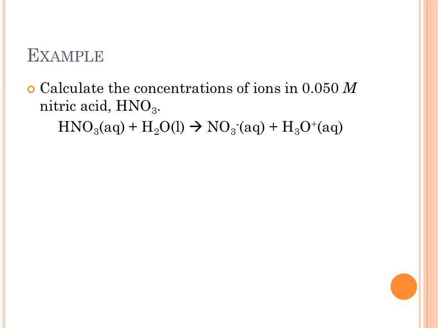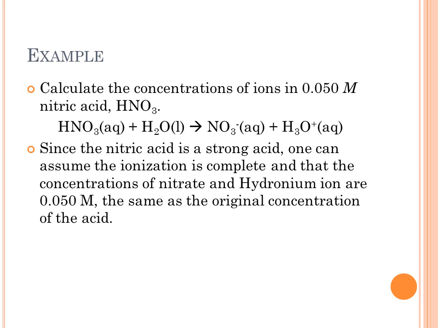But for strong acids, we're going to assume the ionization is complete and that the concentrations of nitrate and hydronium ion are 0.050 molar, and therefore the same as the original concentration of the acid before it ionized, since the stoichiometry is all 1-to-1.